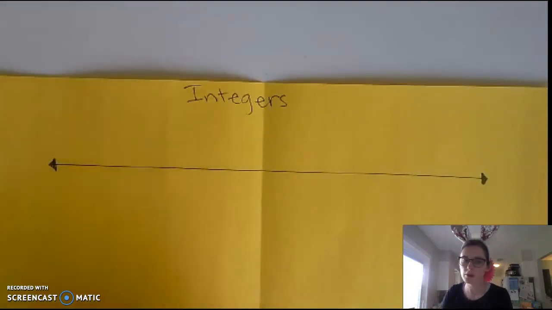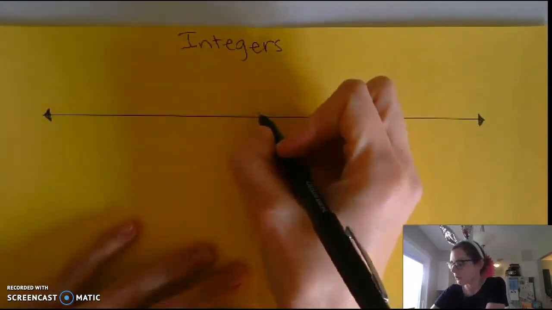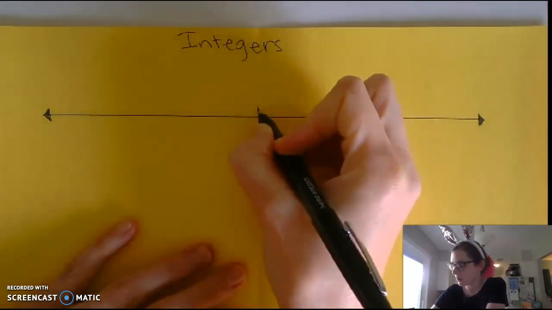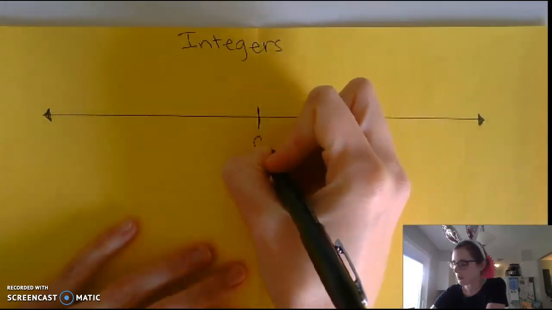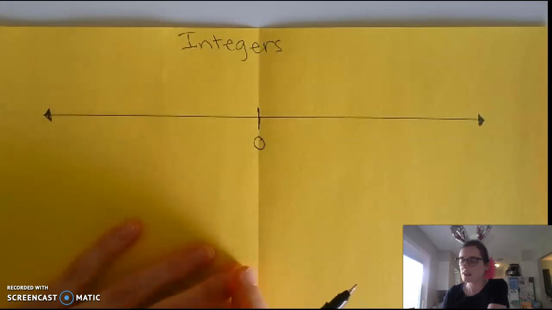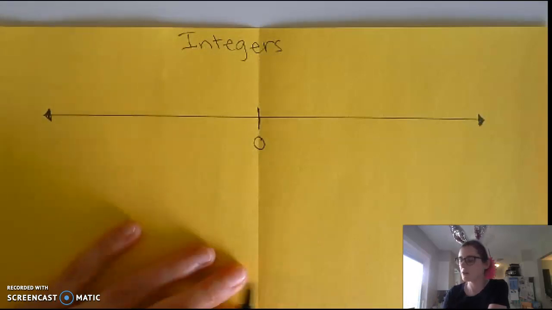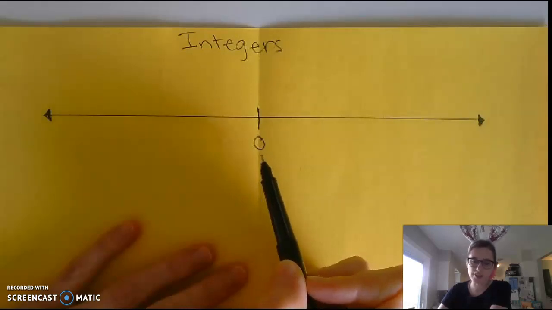Okay, so you have your number line here. What you're going to do is that fold that we did, that is your midline, and that's going to be where we put 0. Okay. So 0 is the center of our number line. And this is the difference. This is the part where it's not positive or negative, and it's not even or odd.